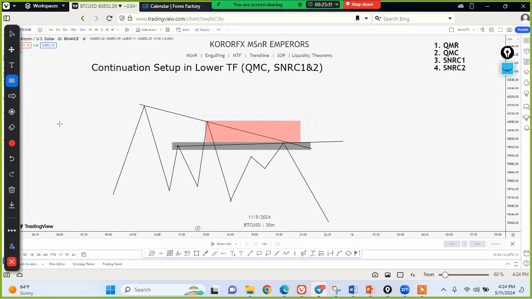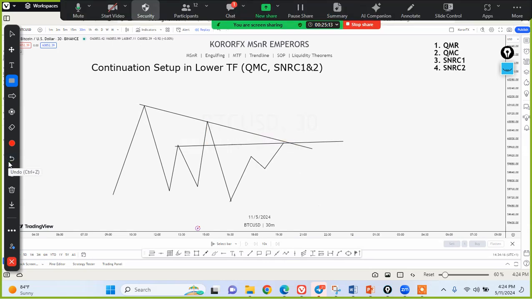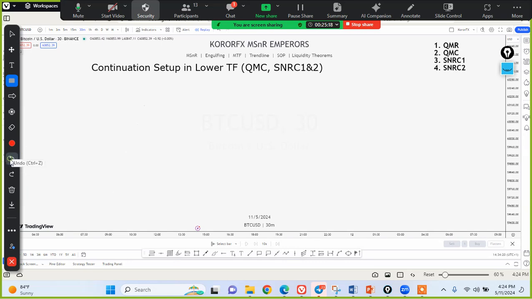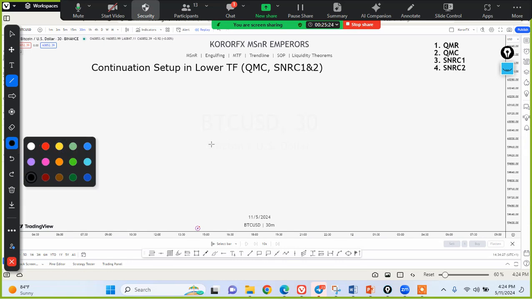Yeah. All right. So now, how does it look like when it is buy? When it's buy, it's the offset of what I told you now.